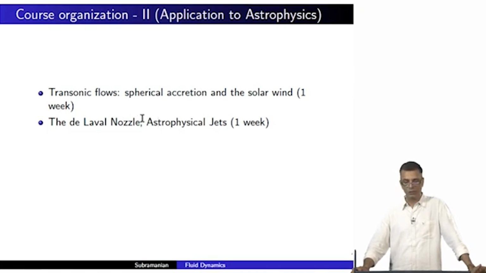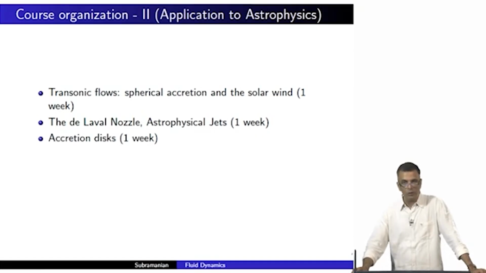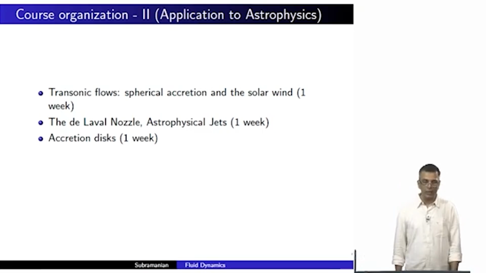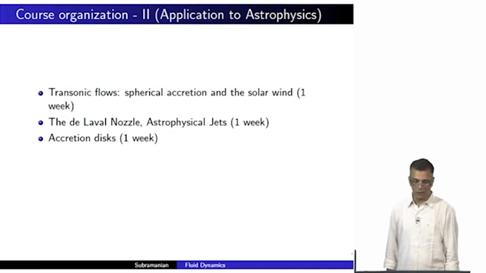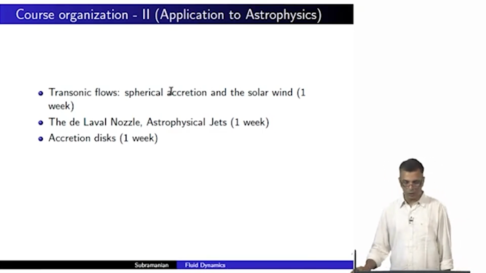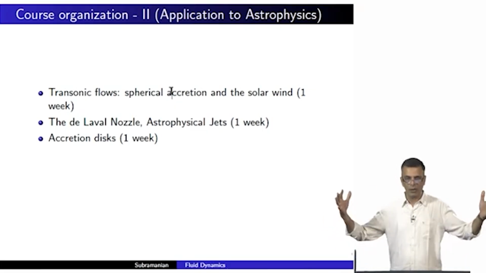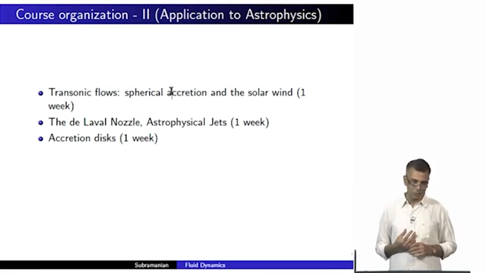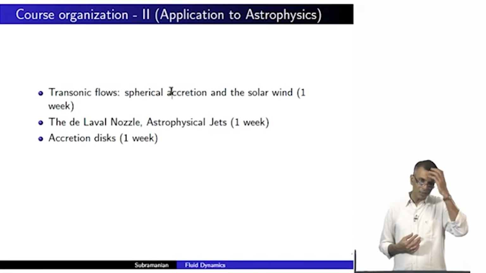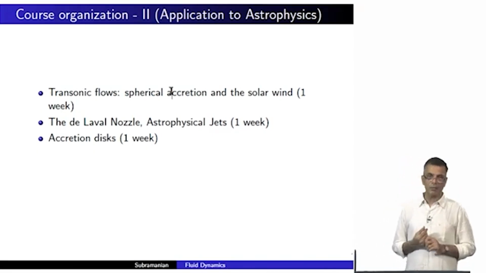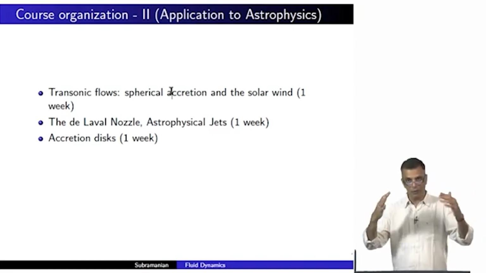So this is what we will do for the next week, and we will then spend about a week talking about accretion disks. We already talked here about accretion, the manner in which matter from around a compact object is attracted towards a central object. Turns out that it's not always the case that matter is accreted in a quasi-spherical manner.